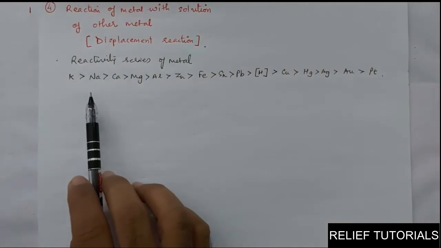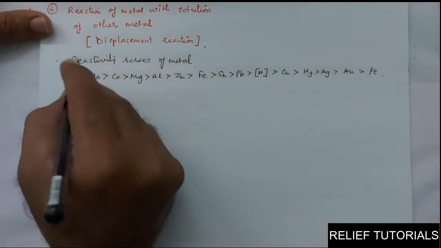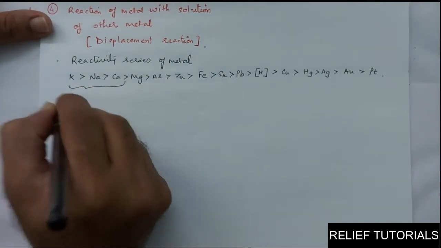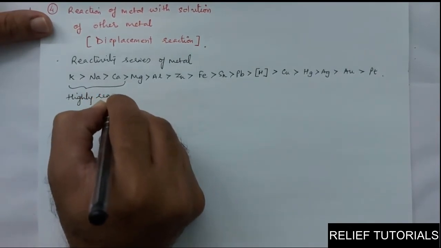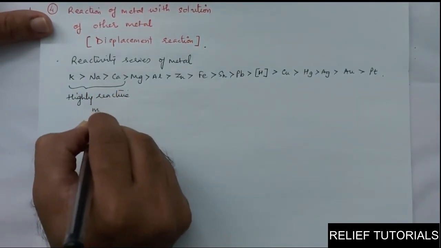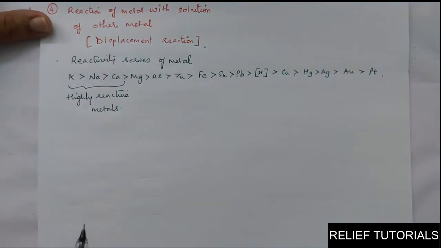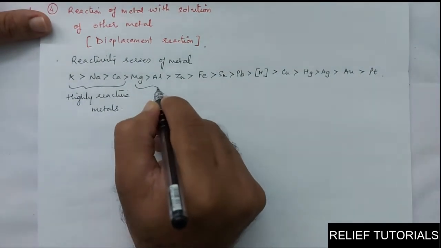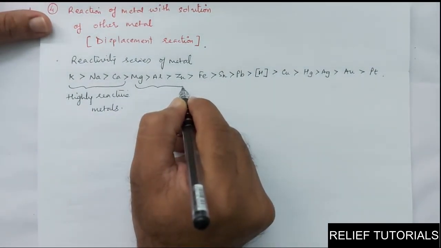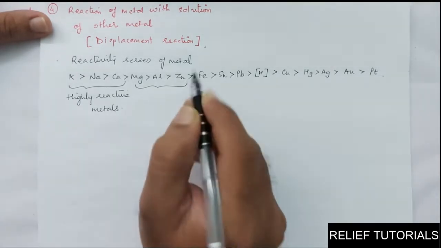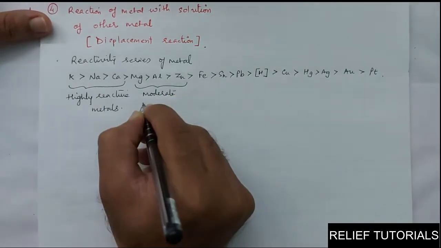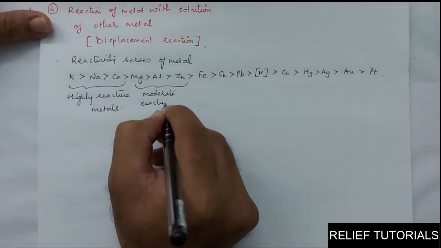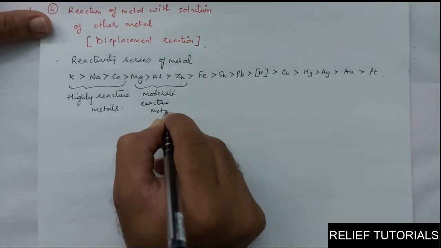Potassium, sodium, calcium, these are highly reactive metals. Magnesium, aluminium, zinc like substance are called as moderate reactive metals.